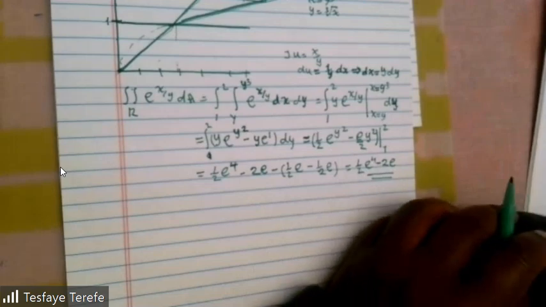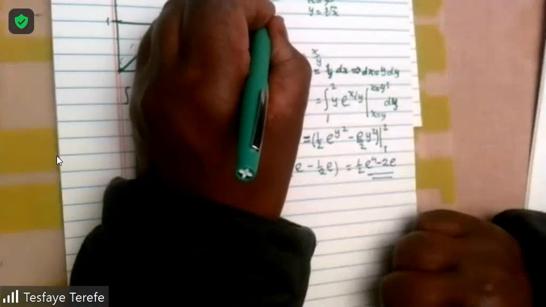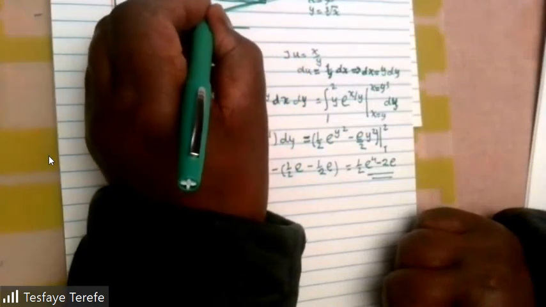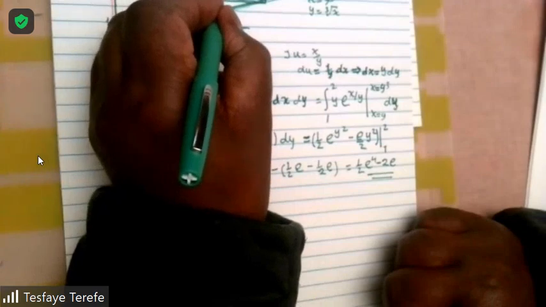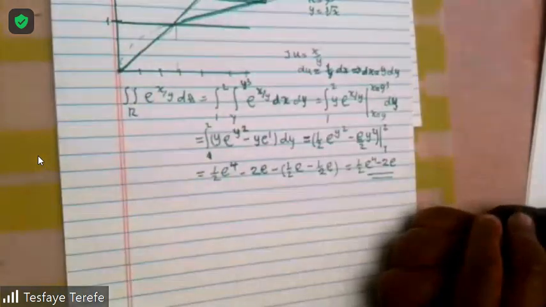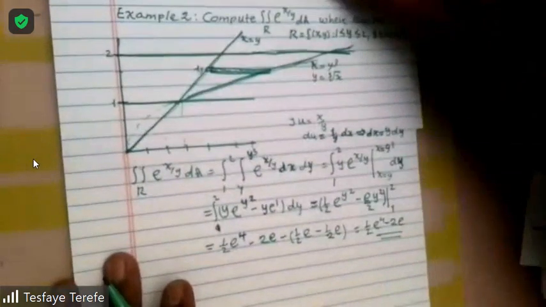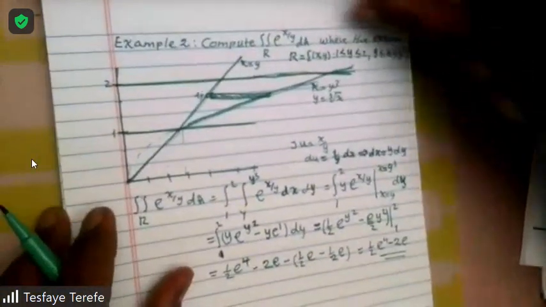Okay, well, the problem is, can we make it type 1? That means vertical stripe. If we can do it, what will be the shortcoming? Yeah, we can do this also as type 1.